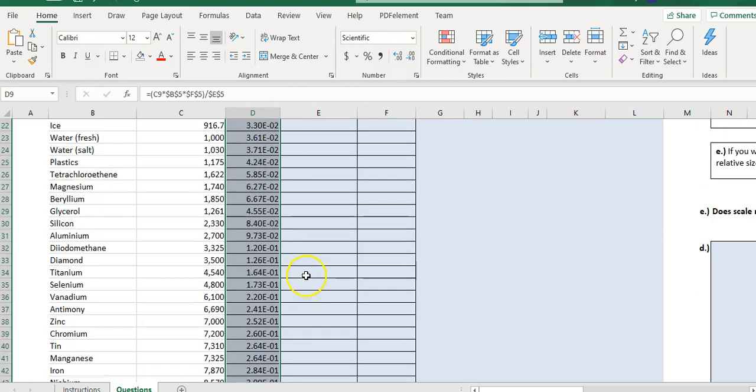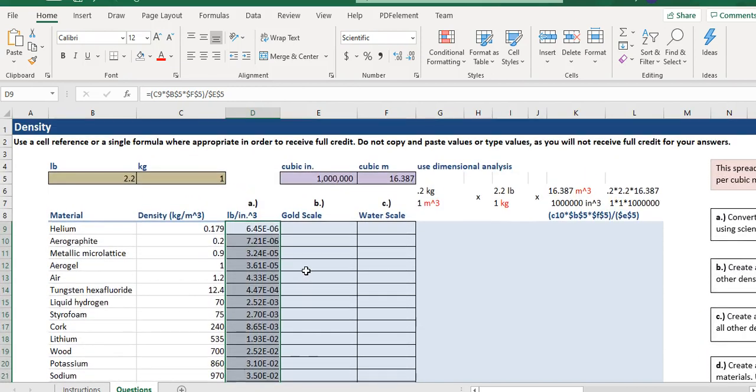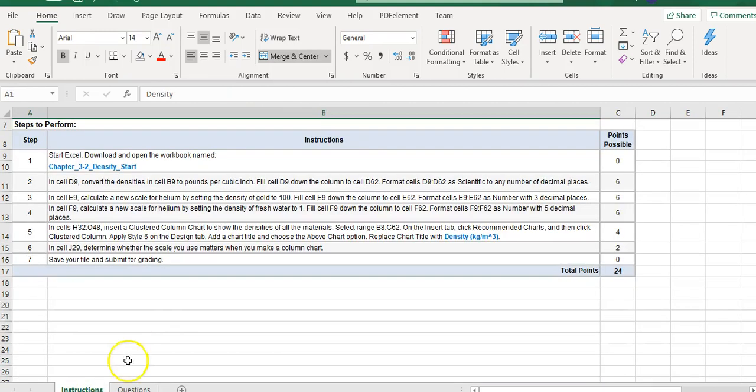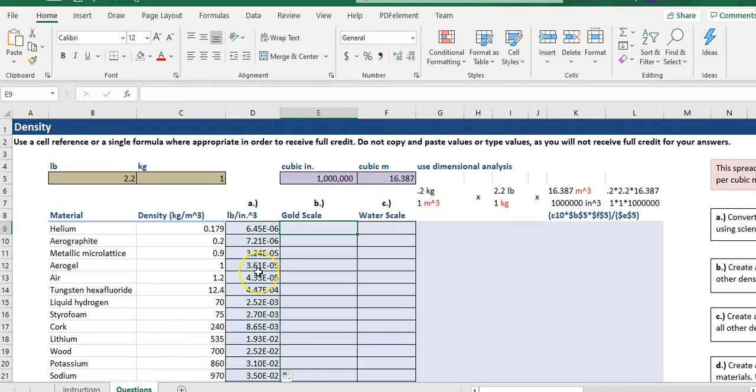Okay, so now our next step. Let's go back to our directions. It's asking us to calculate a new scale for helium by setting the density of gold to 100 and calculate the formula, and format it as a number with 3 decimal places. We did this before on the last problem. On the planet problem, we took Mercury and divided it by Earth.